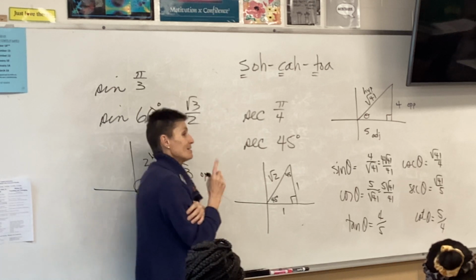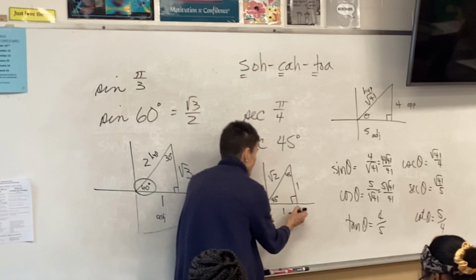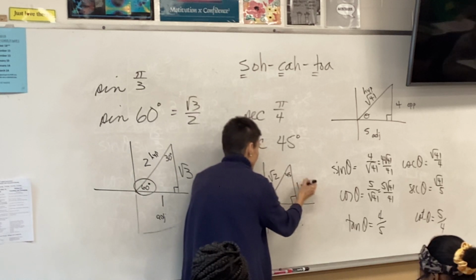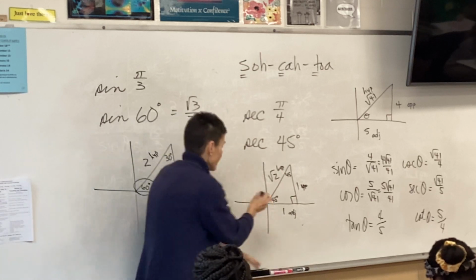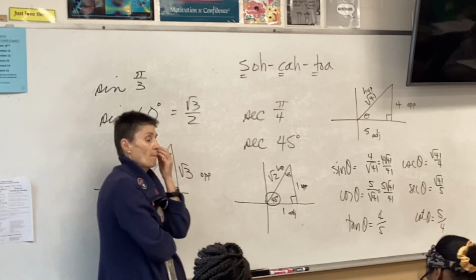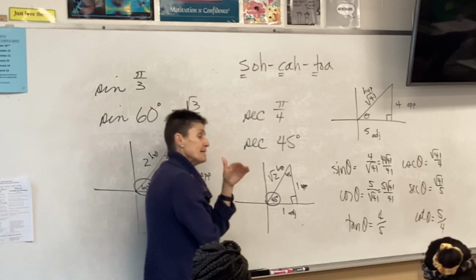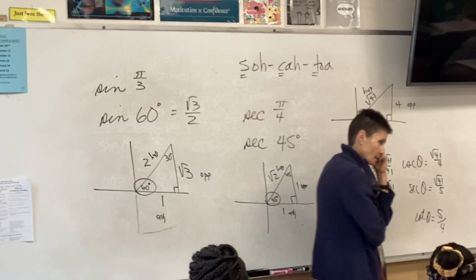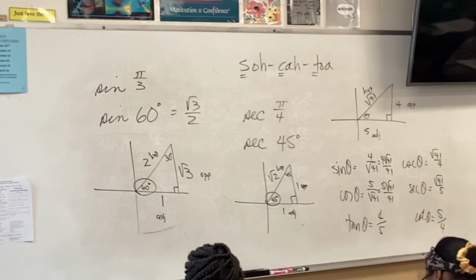Okay, secant. Well, first of all, this would be adjacent, this would be opposite, and this would be hypotenuse, right? Remember, this is the angle that you look at always. Okay, now what's secant? Secant is reciprocal of cosine.